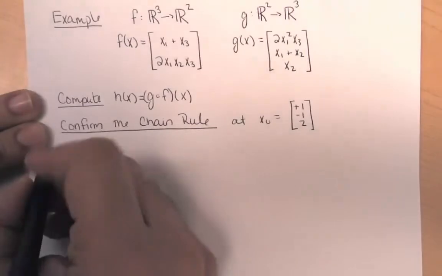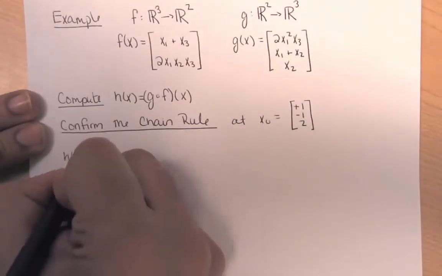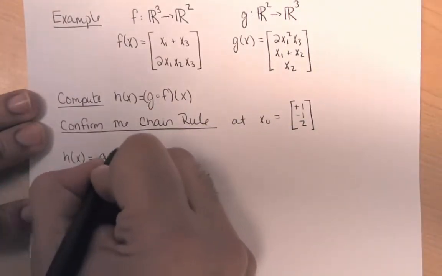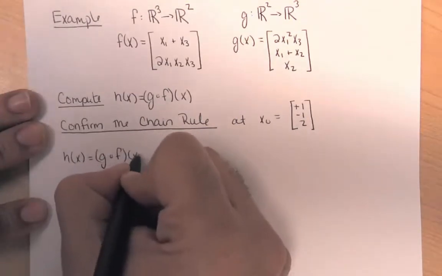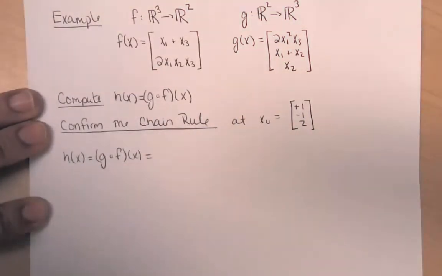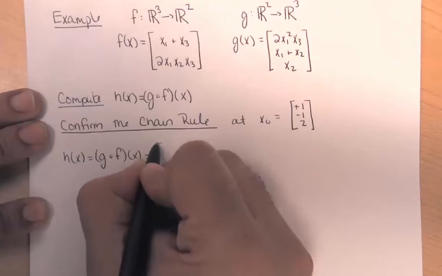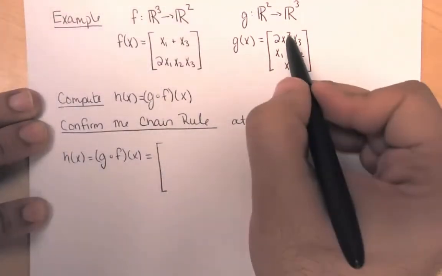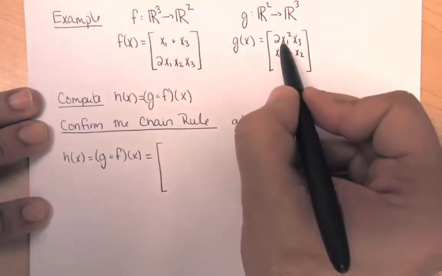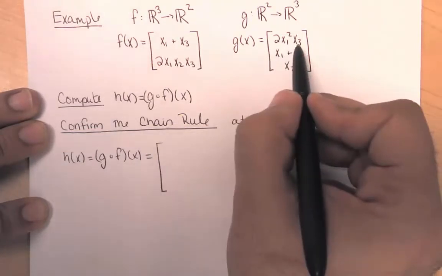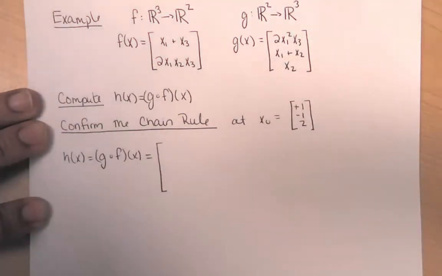So the composition h of x is equal to, right, I'm going to use g essentially as my scaffold, but I'm going to replace x1 with f1, x2 with f2, because it's going to be g of f.